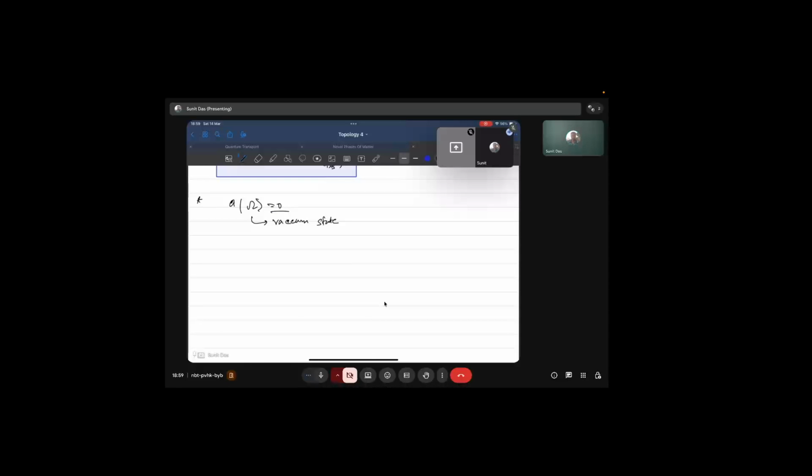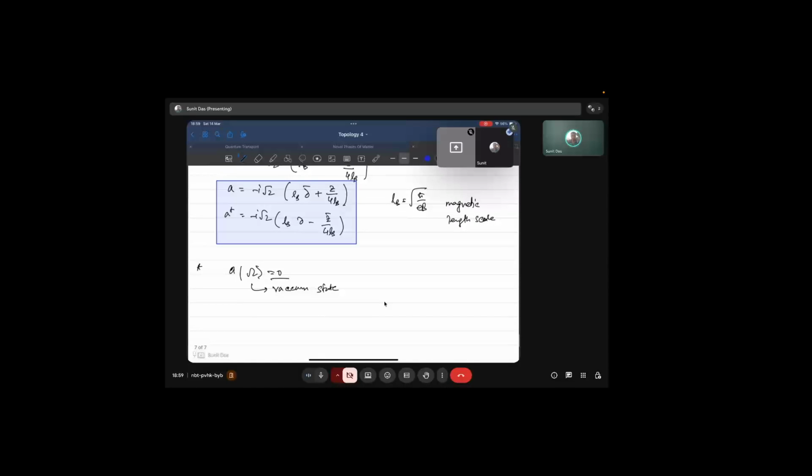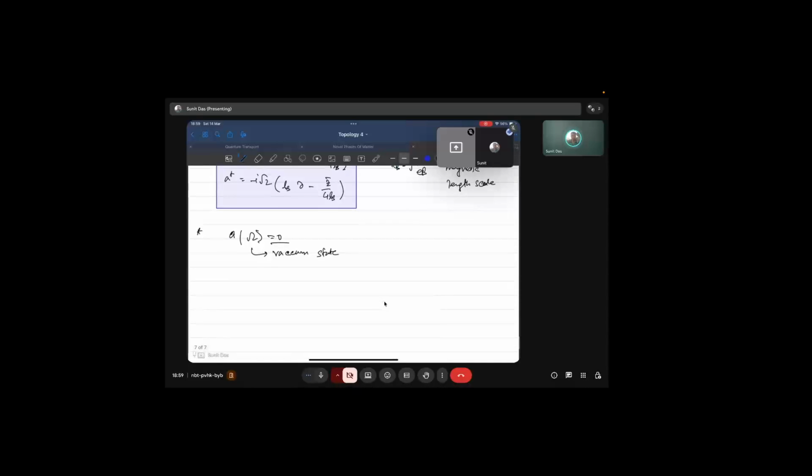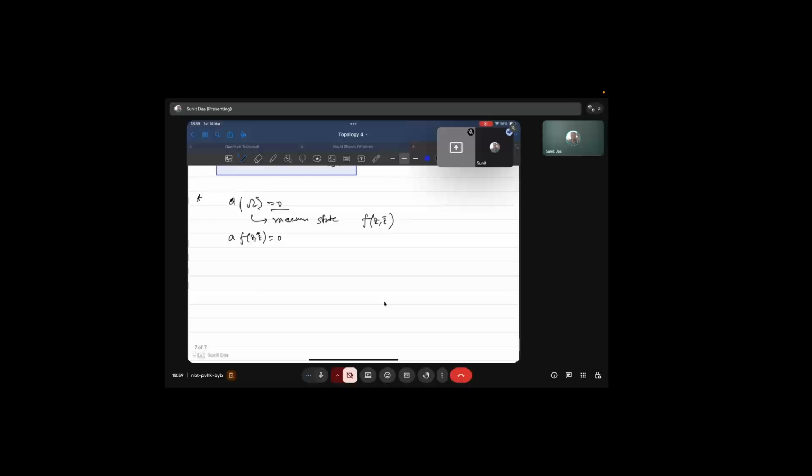So it should be a function annihilated by A. We now have the explicit form of A. The vacuum state is some function of z and z bar, and once you apply A on this function, it will be 0. That's the condition.